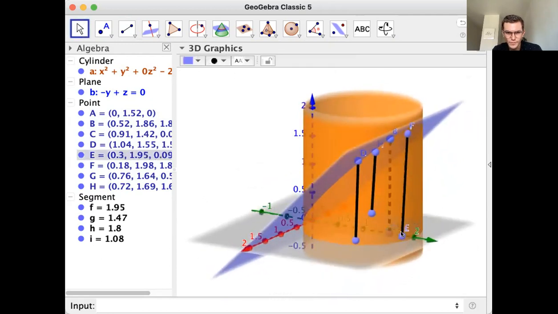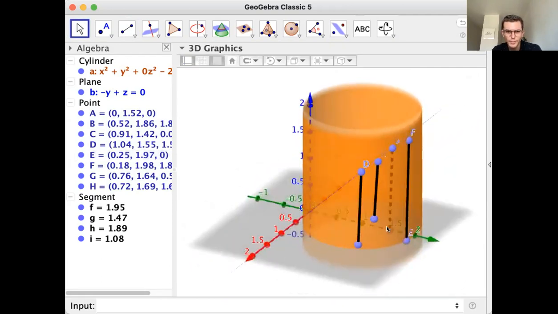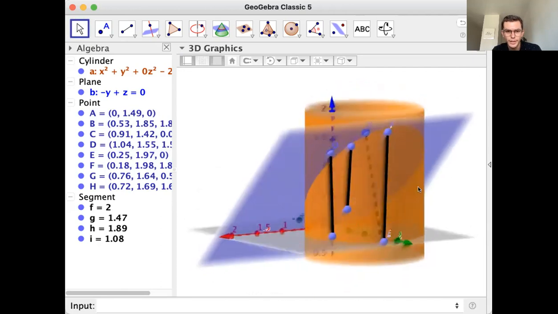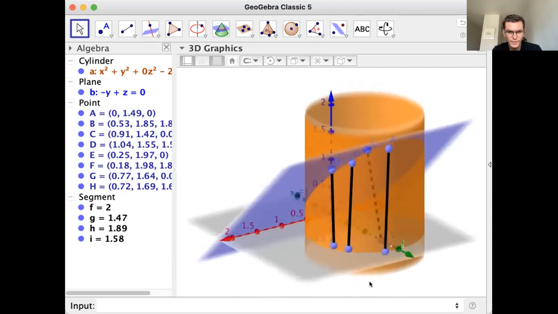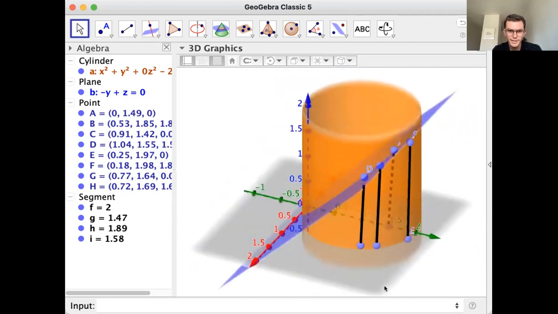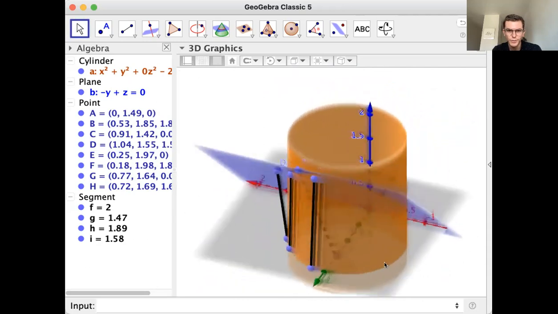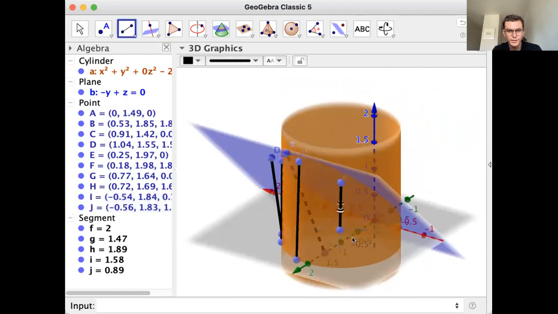So I'm just drawing a bunch of arrows, in principle parallel to the z-axis, correct? And you see they'll start from the XY plane, right? And they'll exit through the plane, right? So that's why the bounds for z were from 0 to the equation of the plane, correct?